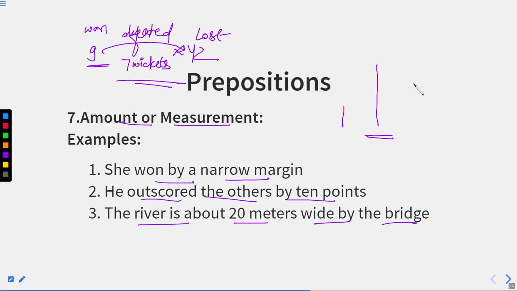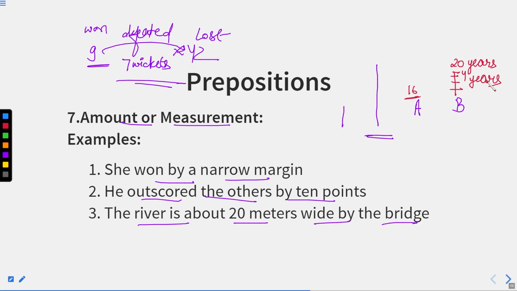Now, let me tell you one more thing over here. Suppose there is a person A and another person B. The age of person A is 16 years and the age of B is 20 years. So obviously A is younger and B is elder to him, by 4 years.